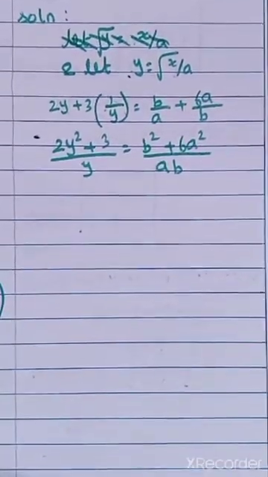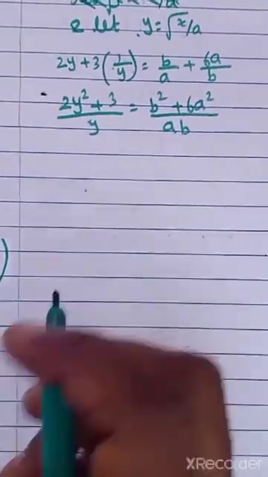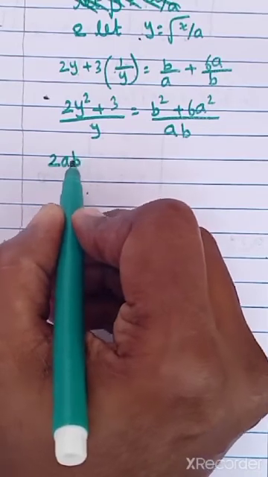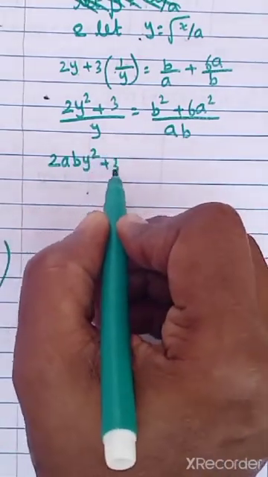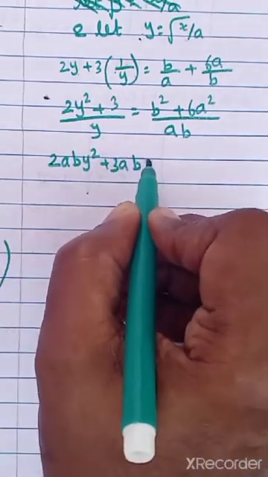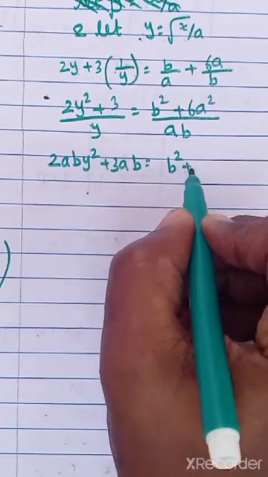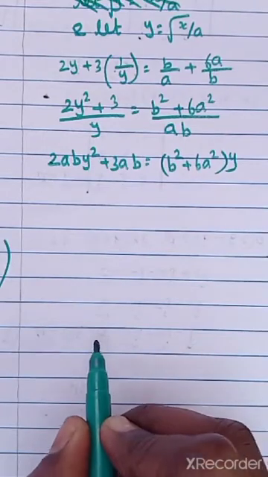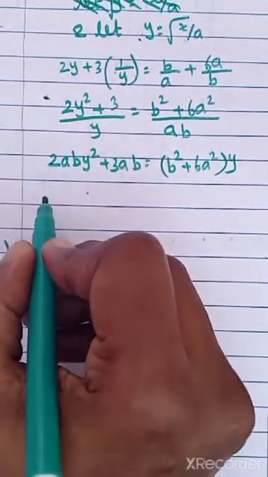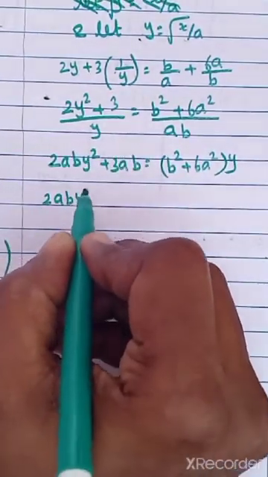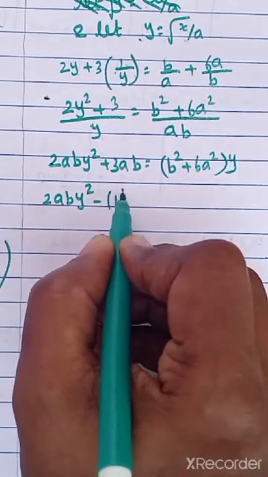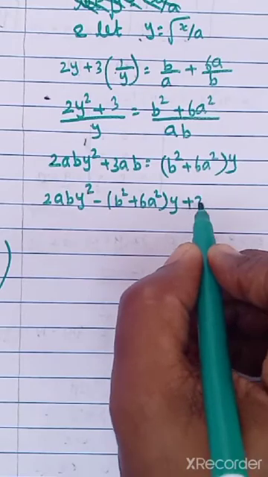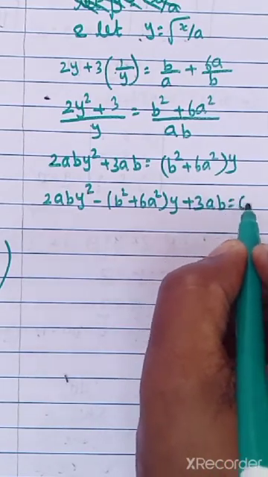Again, what we can do is the cross multiplication. So if you do the cross multiplication, you will get 2ab y square plus 3ab equal to b square plus 6a square into y. Is that right? Now taking everything to one side, 2ab y square minus b square plus 6a square of y plus 3ab equal to 0.